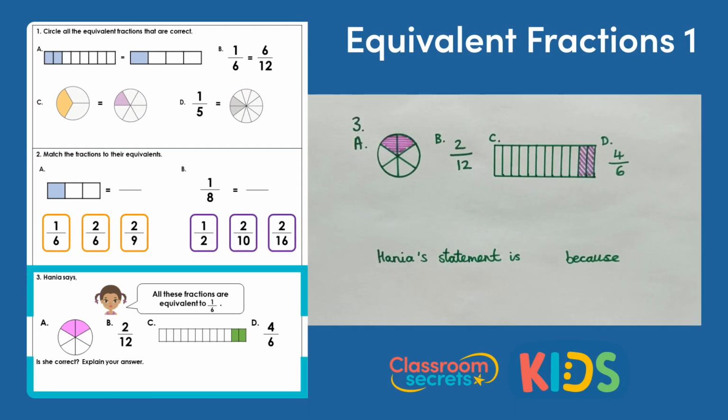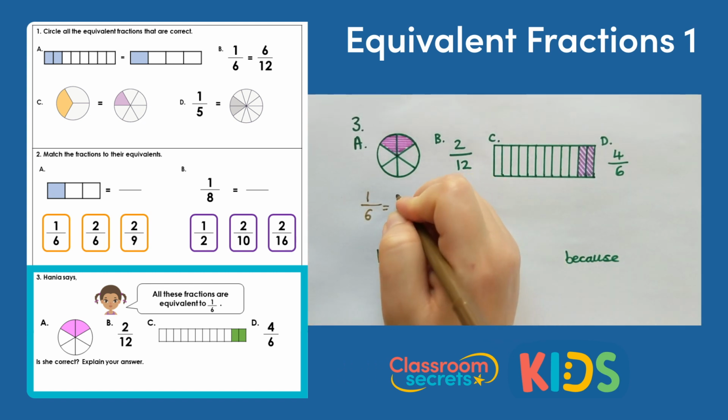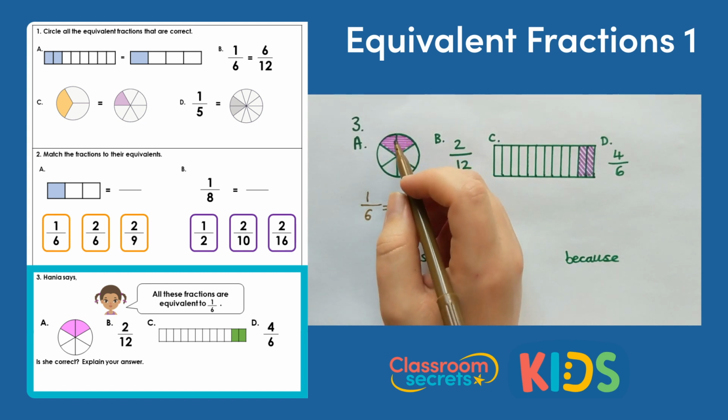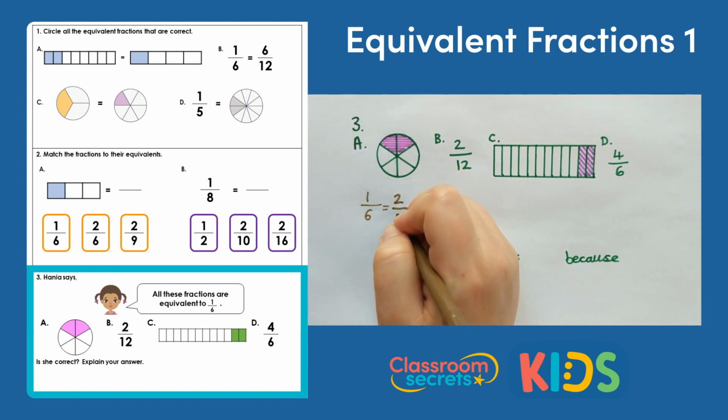For question 3, Hanaya says, all these fractions are equivalent to 1/6. Is she correct? Explain your answer. So I'm going to write 1/6 to begin with. And starting with A, I can see that 2 parts have been shaded in the circle, and altogether there are 6 equal parts.